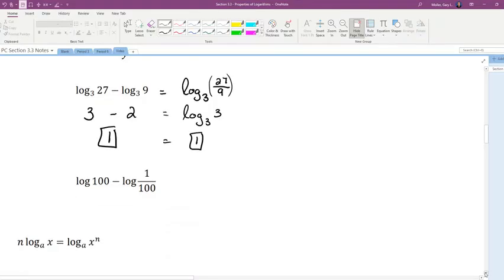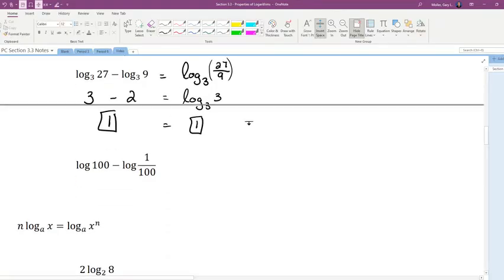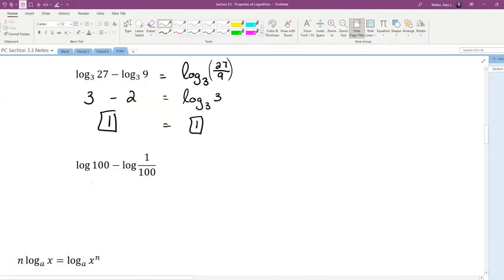And let's do one more. Log of 100 is 2. We've done this one before, so minus log of 1 over 100 is going to be negative 2. So I have 2 minus negative 2, so that should be 4.